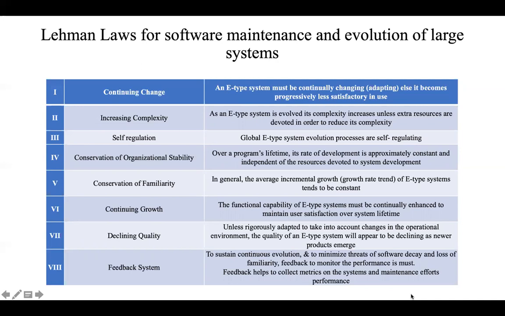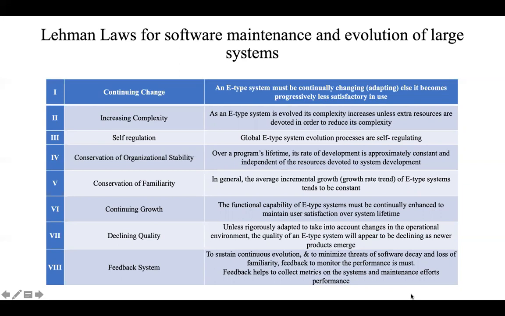Their evolution is the direct consequence and reflection of ongoing changes in any dynamic real world. So first law of continuing change is that an E-type system will be continuously changing. It has to keep on changing, otherwise it becomes less progressive or less satisfactory in use.